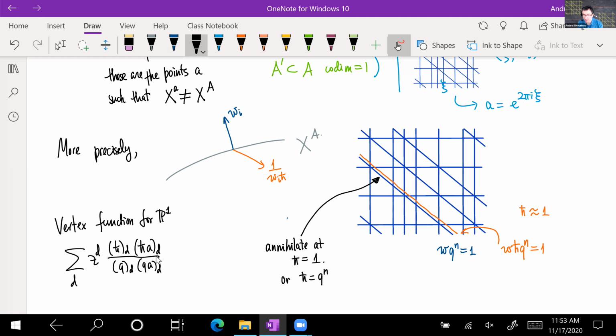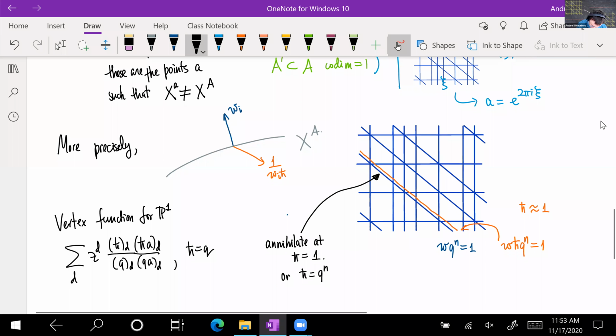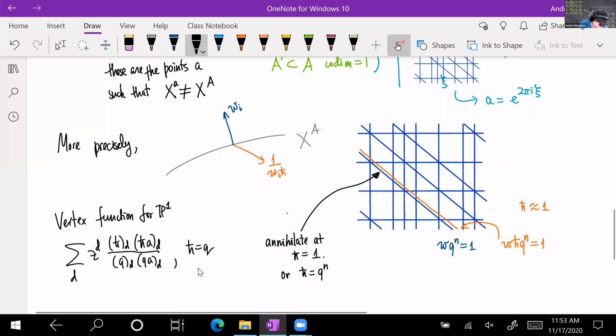If h bar is equal to q, the easiest substitution, this becomes really silly. It becomes a geometric series, so it has no singularities of any kind. Well, it has a singularity at 1, but not a silly kind of singularity. And more generally, if h bar is some power of q, this becomes a rational function.